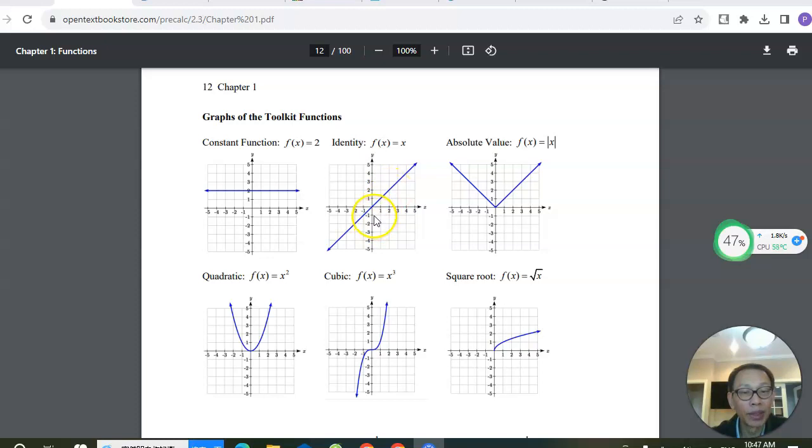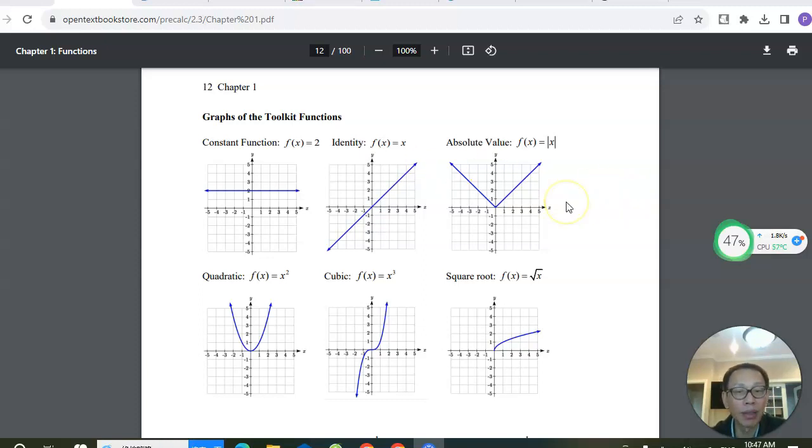And when x equals negative 1, y equals negative 1. So you can just put these dots on your xy coordinate and connect them, because it's a straight line. That's how to understand the function y equals f of x equals x.